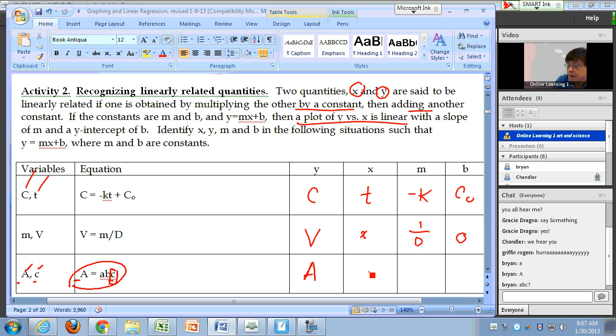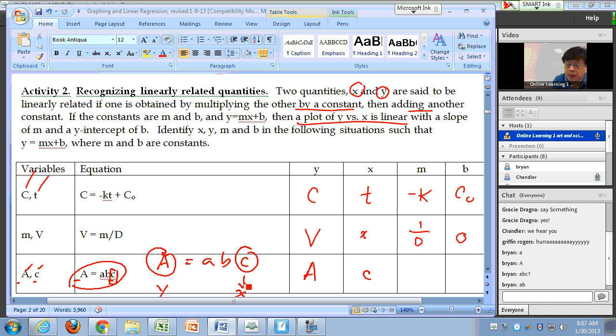So A equals abc. This is my y, and I'm going to plot it versus x, and my x is going to be c. If I were to plot A on the y-axis and c on the x-axis, what would be the slope of my line? ab, very good.